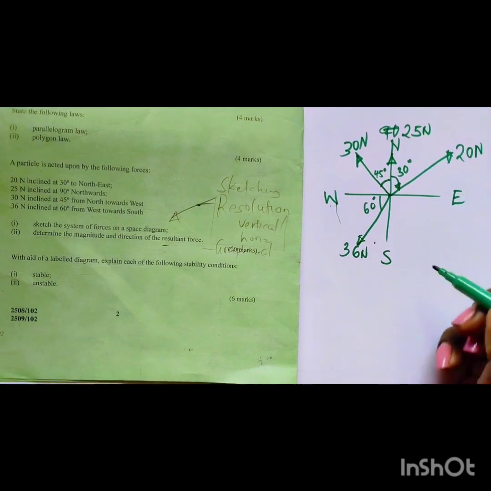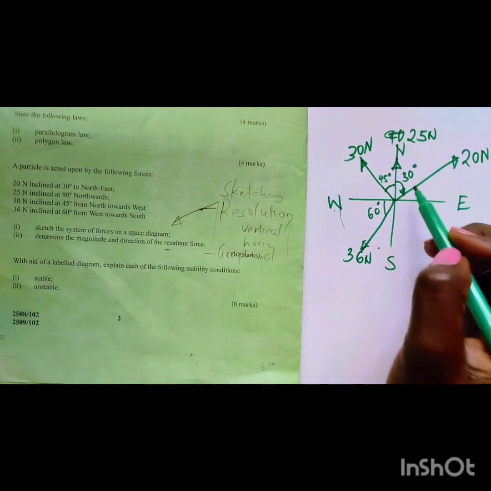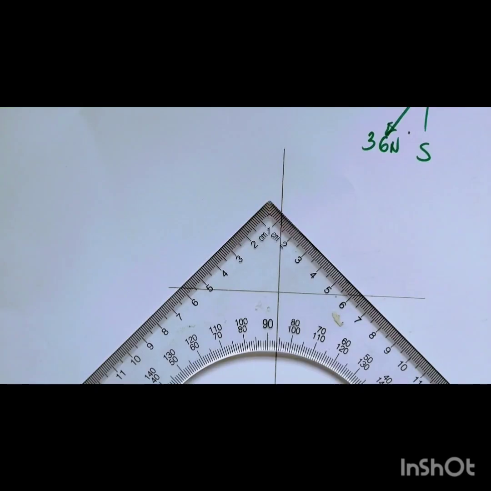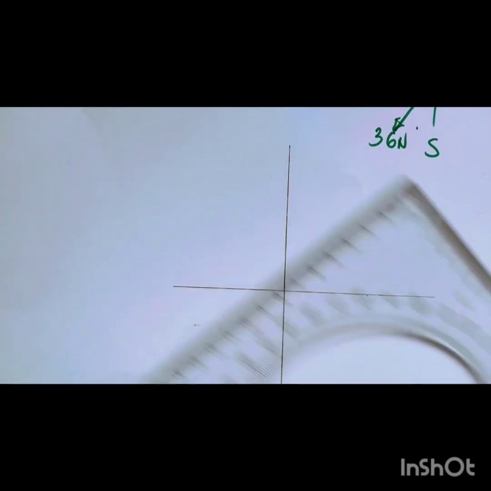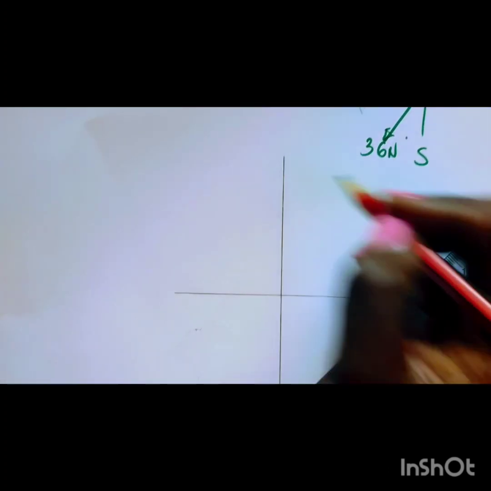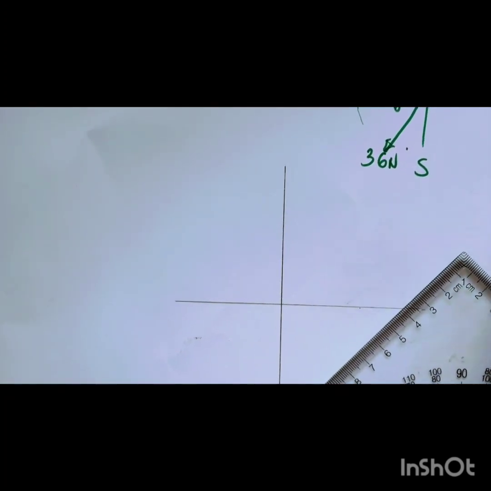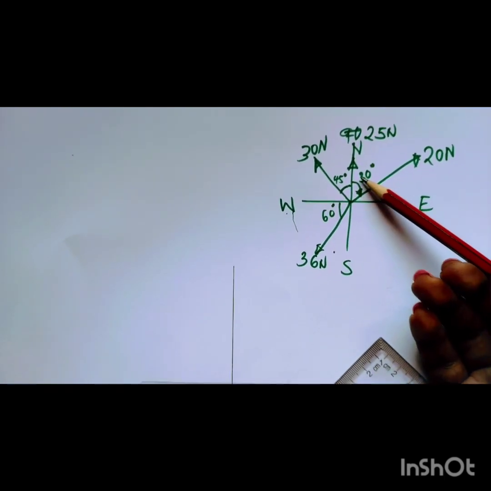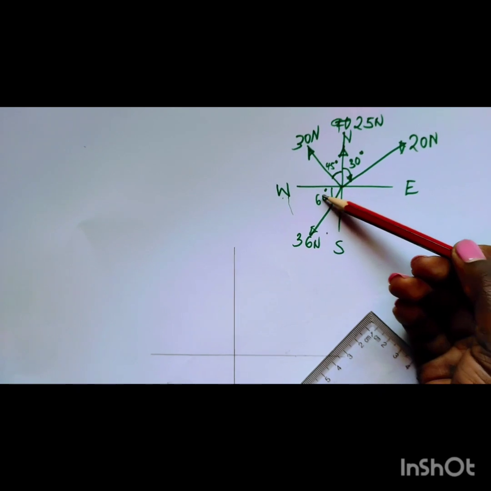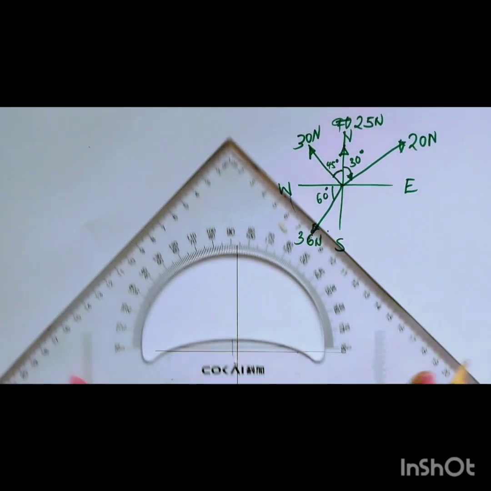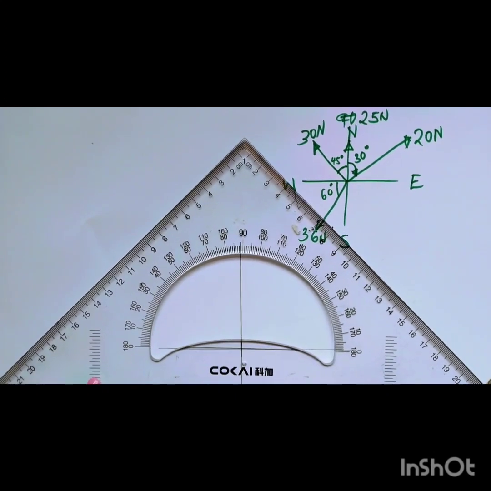Don't mind the scale, just the way it is, but be accurate on the angles. So I hope you've drawn your Cartesian. You can have a look at mine. That's my Cartesian plane, and this is the north. Now we're going to copy our diagram the same way that it is, indicating the angles of 30, 45, and 60 here with the same forces. So you can work with me.